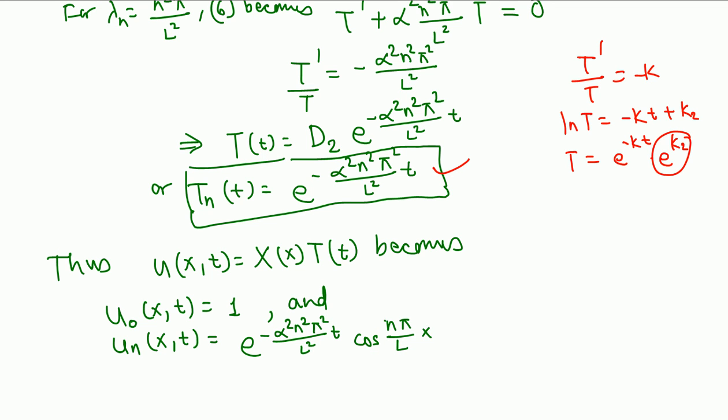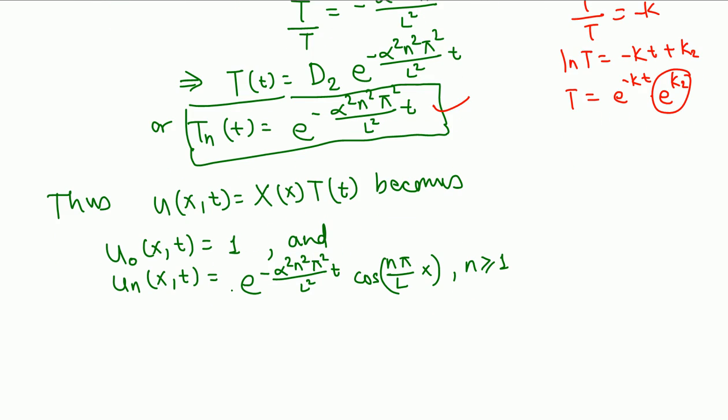And these solutions are, by the way, a fundamental set of solutions. Then how do we write the general solution? We just take the linear combination of these solutions. So the general solution u of x, t is, by the way, a linear combination.